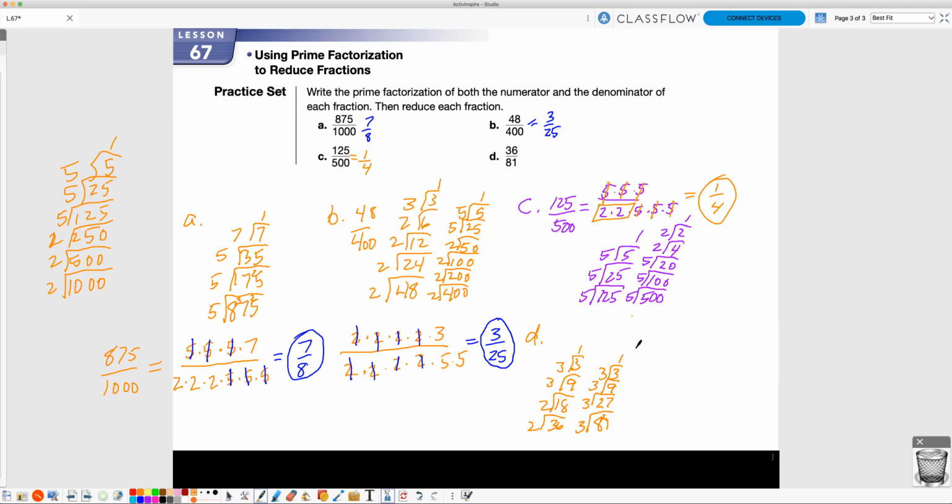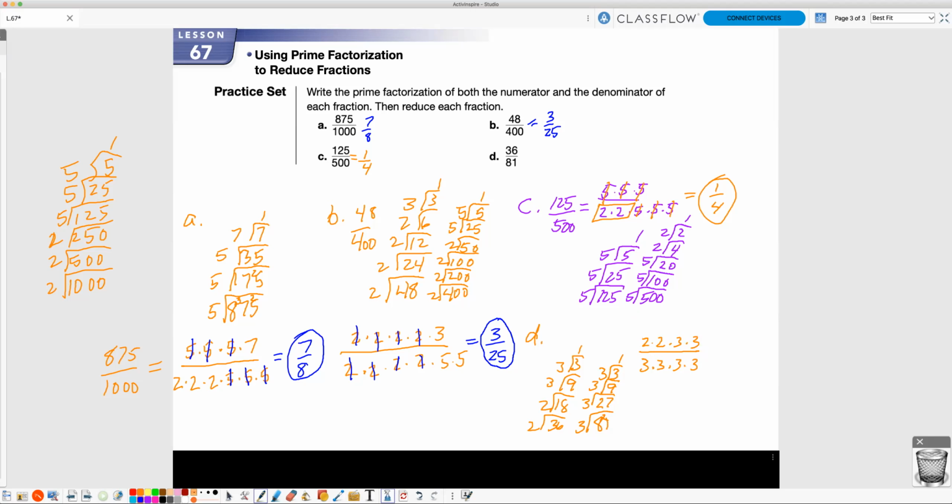That's more accurate there. So in this case, we have 36 equaling 2 times 2 times 3 times 3 in the numerator. The denominator is going to be 3 times 3 times 3 times 3 in the bottom, and all you have to do is match them up.